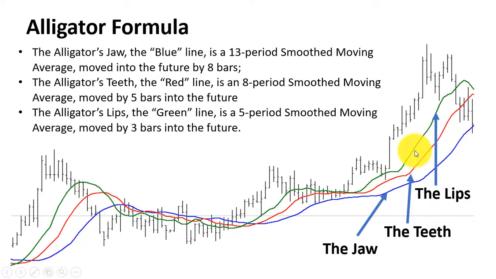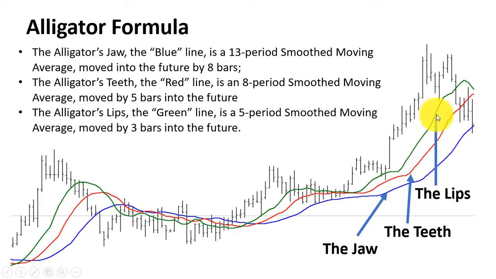So how do we calculate this? The alligator indicator is common on the MetaTrader 4 platform. You can find it on your platform as I said before, and this is how to calculate it. The jaw, which is the blue line, is a 13-period smoothed moving average, moved into the future by 8 bars. The red line is an 8-period moving average, moved into the future by 5 bars.